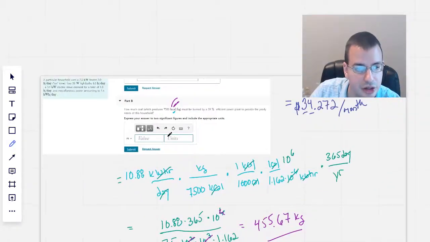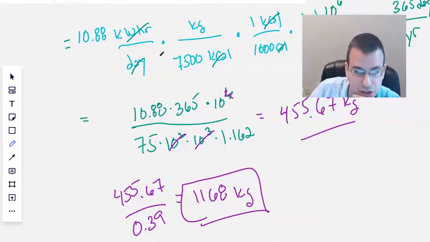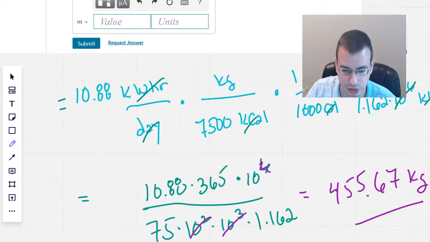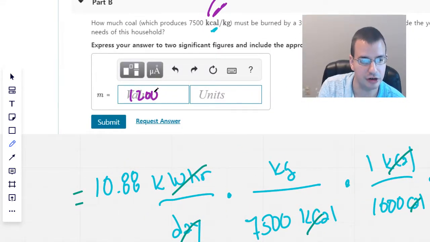Okay? So you're answering to 2 significant figures. So 1168 would probably round to 1,200 kilograms, and the units then will be kilograms.